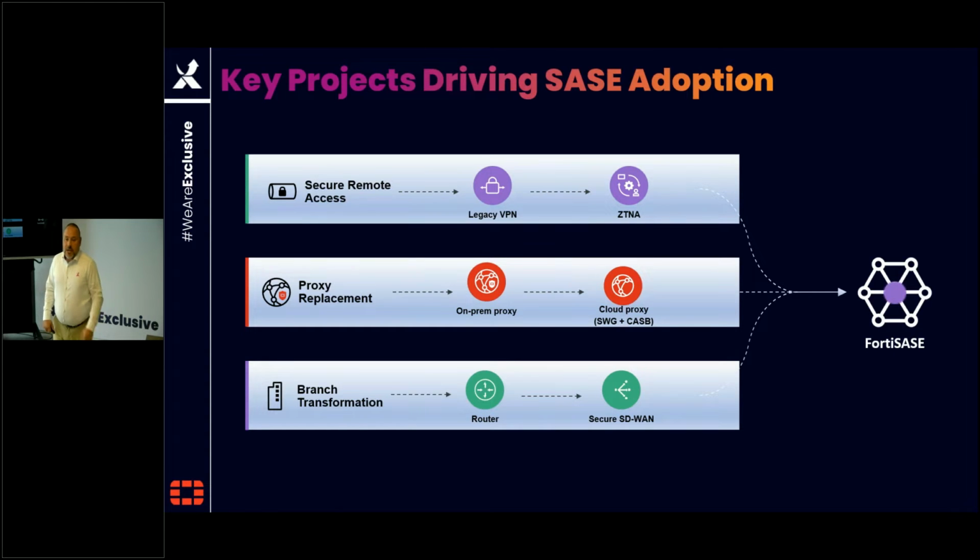Another thing is the replacement of the web proxies. Often they're still relatively old on-premise solutions from Blue Coat or Symantec, which need to be replaced, or where customers are looking for more features around web access, and then we are talking about the CASB for the SaaS applications. Another one is also the movement from the branches.